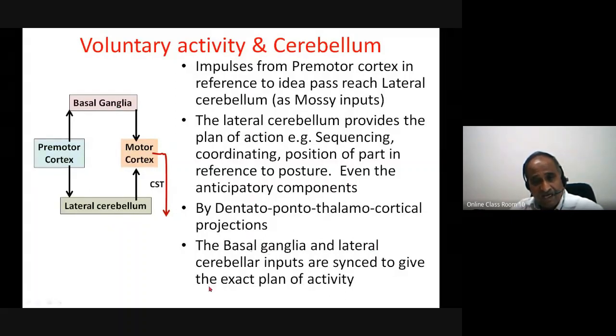The basal ganglia and lateral cerebellar inputs are sensed, and they give the exact plan, because whatever comes here in the corticospinal tract is the exact plan. It is all titrated and put together. So that is about the overall generalized plan of the voluntary activity.